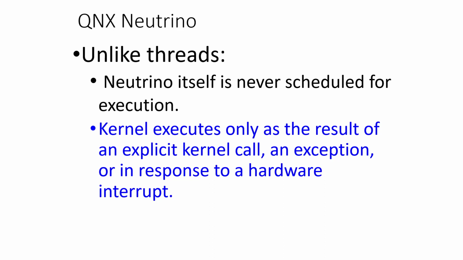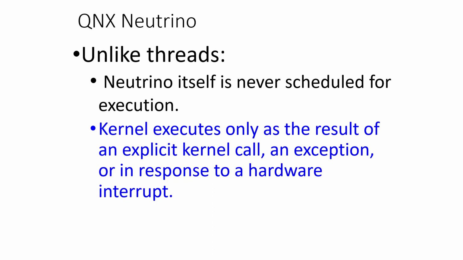Now, the kernel never runs on its own. It never has work for it to actually run on its own. It's never scheduled for execution. So it is always in a response mode, that some user application or some other module or plugin needs a service from the kernel. So the kernel will execute and it will send the result back. So in a certain sense, the kernel appears to be somewhat stateless, even though it is not.